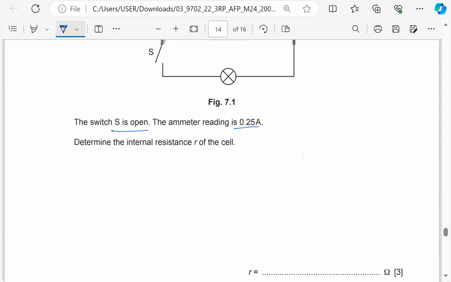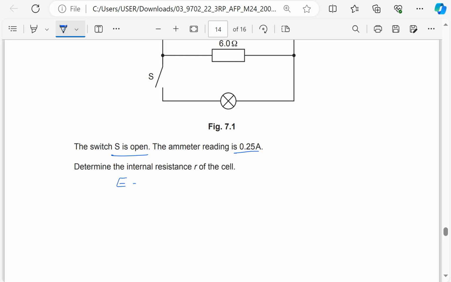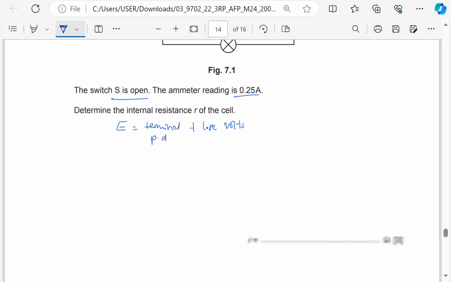Okay, so we know that EMF is equal to the terminal PD plus the lost volts. So the EMF E is equal to the terminal PD, which is the current times the external resistor, plus the current times the internal resistor.